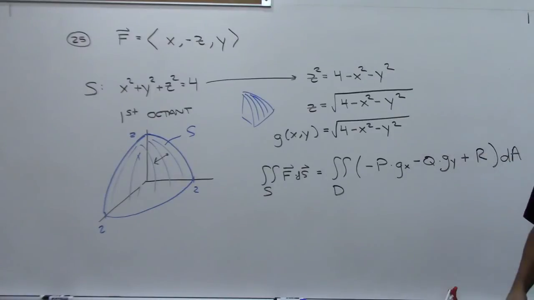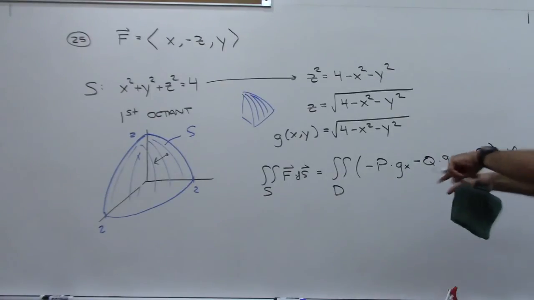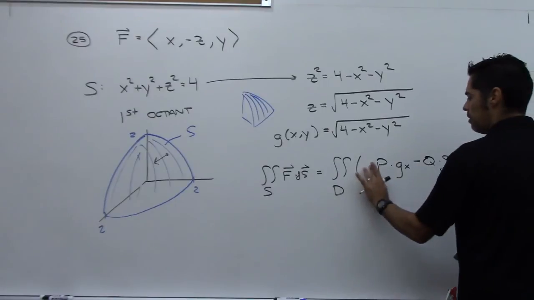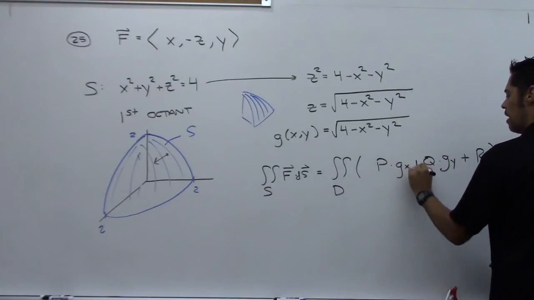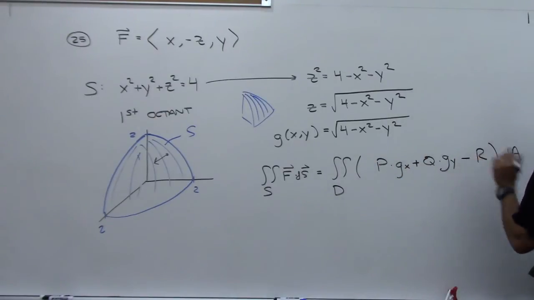But our normals are not pointing upward, our normals are pointing inward. So what happens is we change this to a positive, we change this to a positive, we change this to a negative.